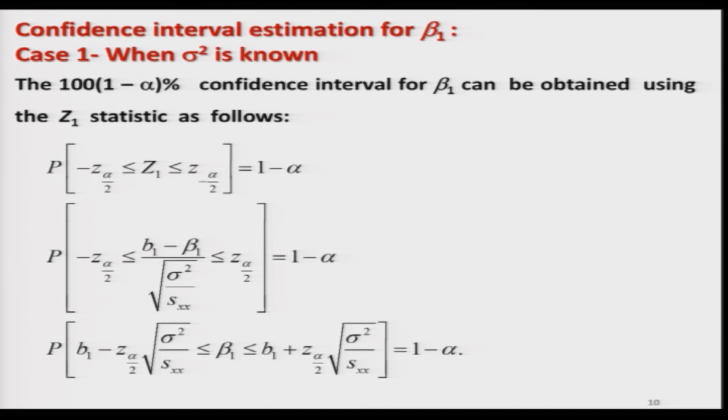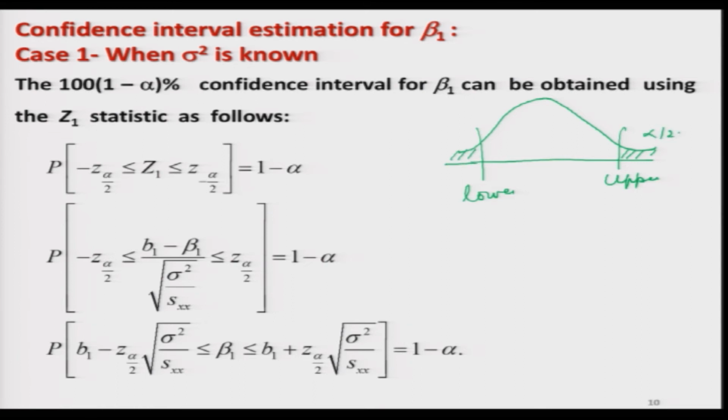So, we know in the case of confidence interval what we try to do, we try to obtain here the lower limit and we try to obtain here the upper limit, and suppose my confidence coefficient is 1 minus alpha.